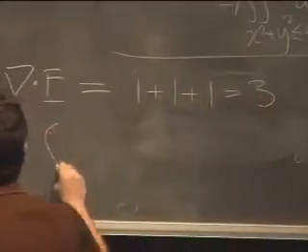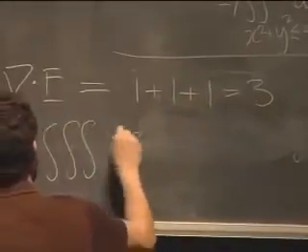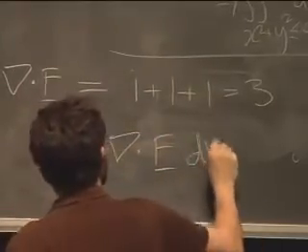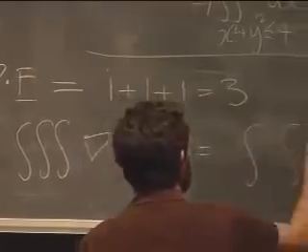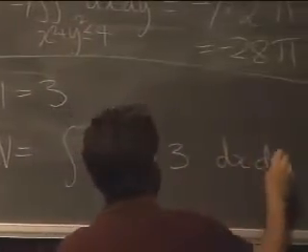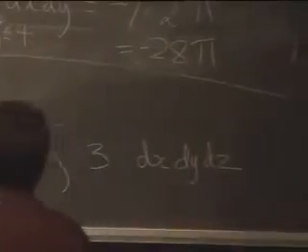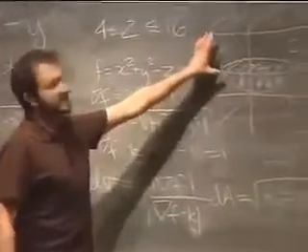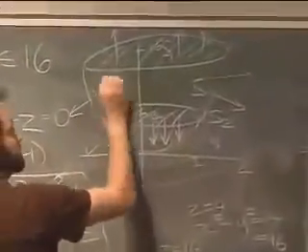So the triple integral we're looking for is just 3 dV. dV is dx, dy, dz. And we've got to integrate over this region. So the region is, come back over here, sorry to make you pan so much, the interior of this.